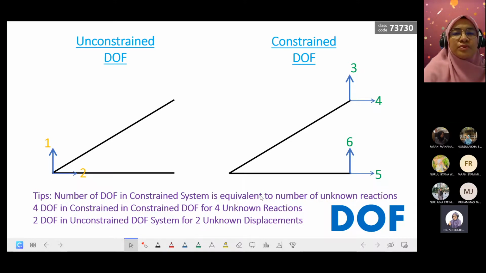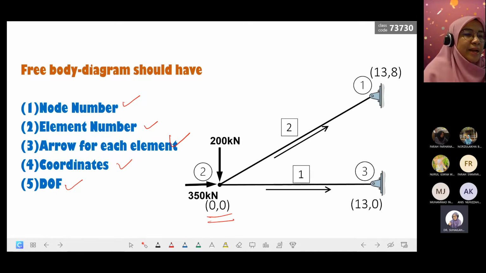Constraint refers to support. So at support there are unknown reactions. Means that from the diagram we know that there are 4 unknown reactions.